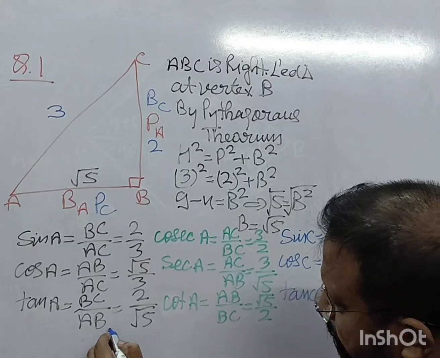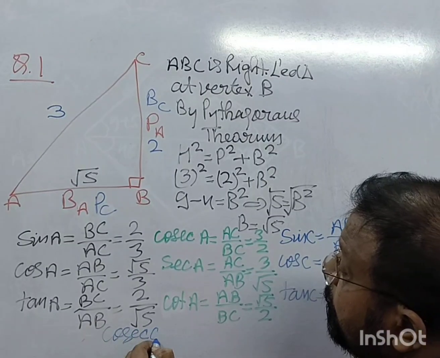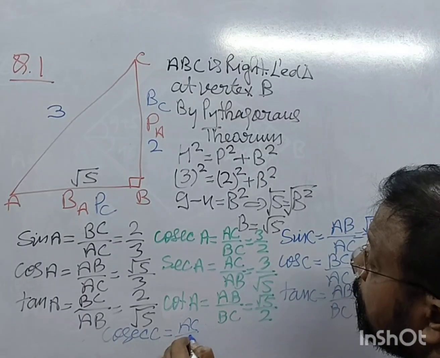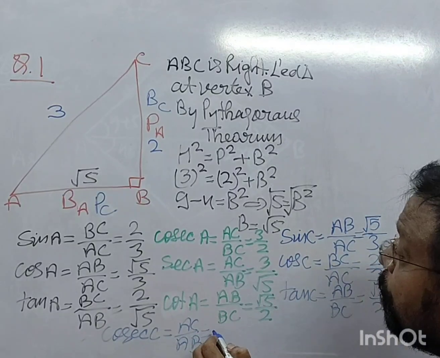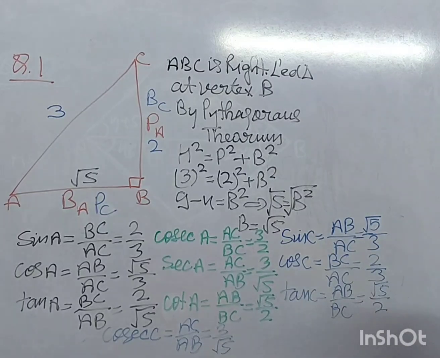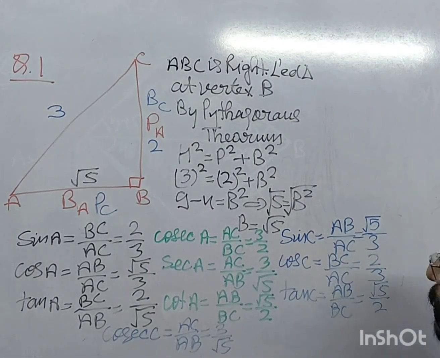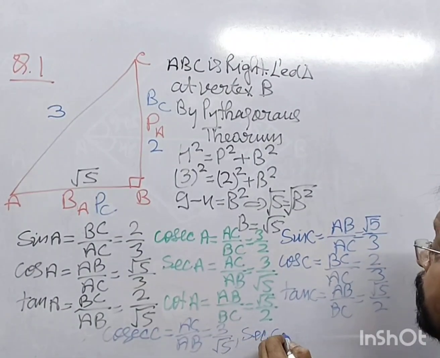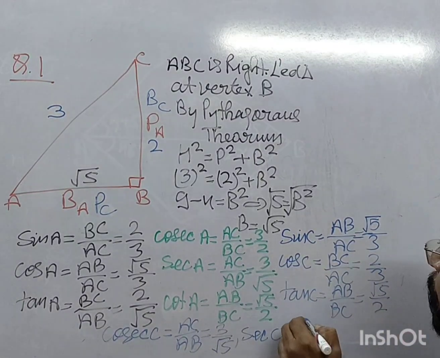Now cosec C is equal to AC upon AB. So AC is 3 upon root 5. Yes, sir. Sec C is equal to AC upon BC.